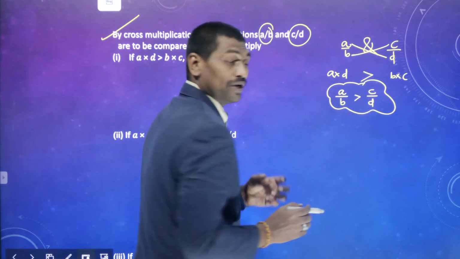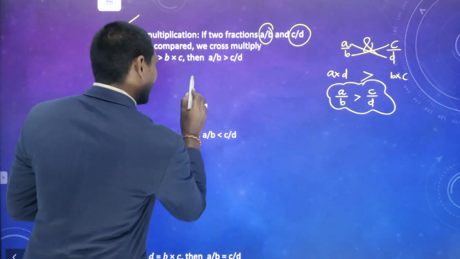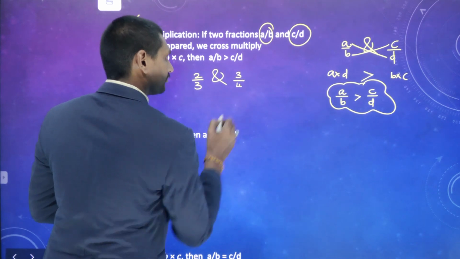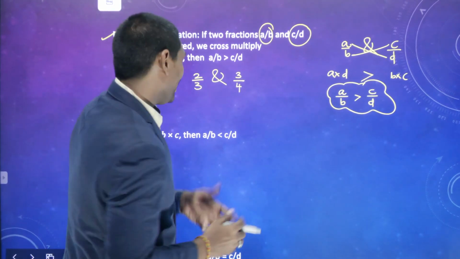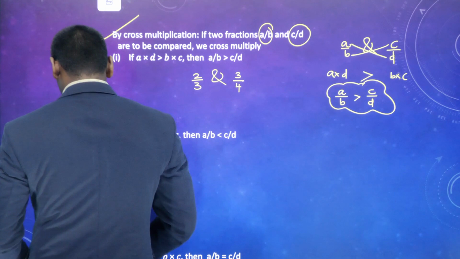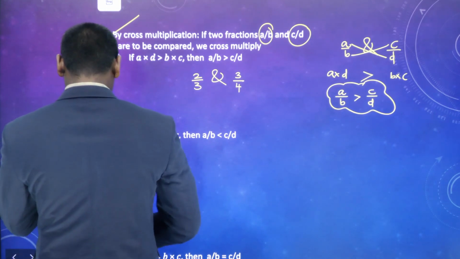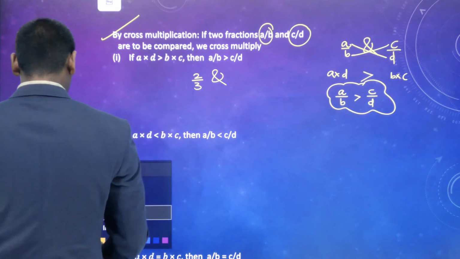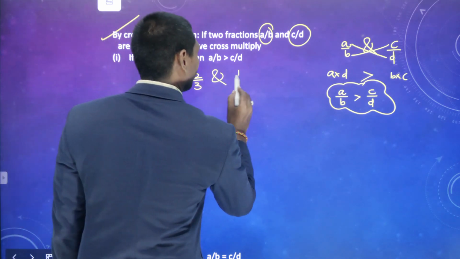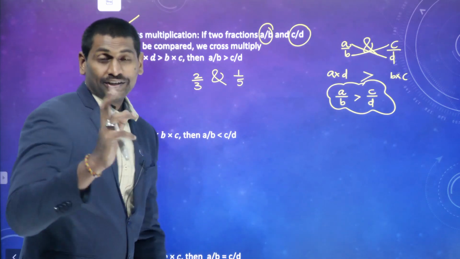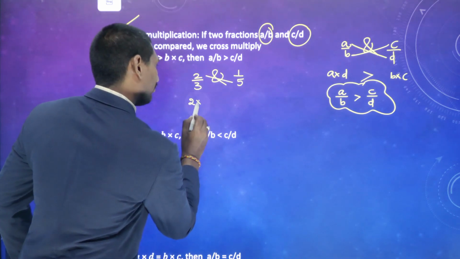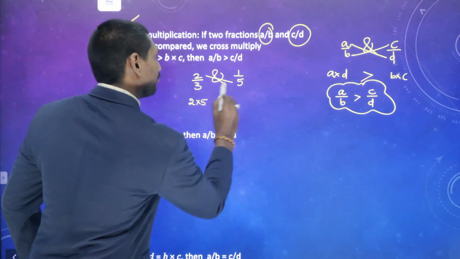Let us take one example: 2 by 3 and 1 by 5. According to cross multiplication, 2 into 5 and 1 into 3.